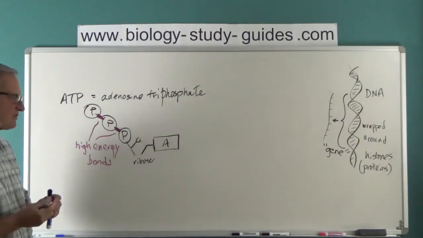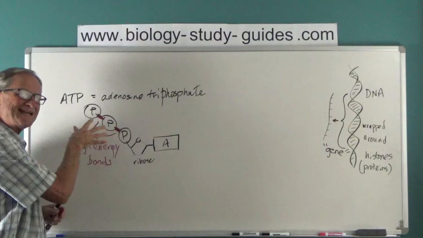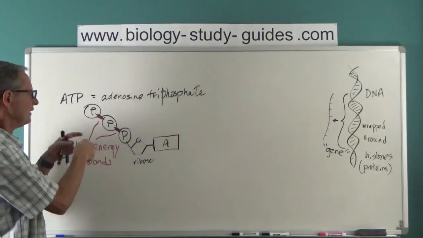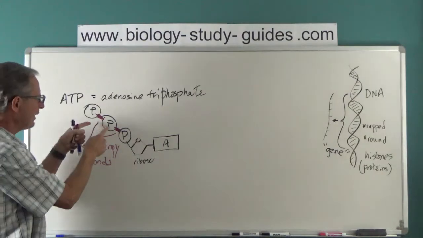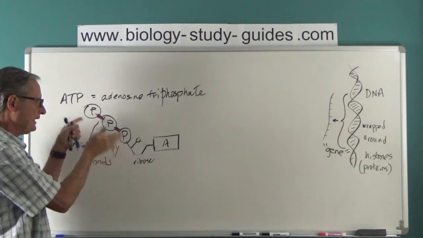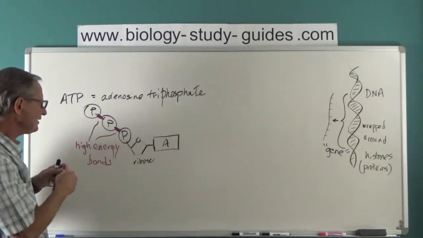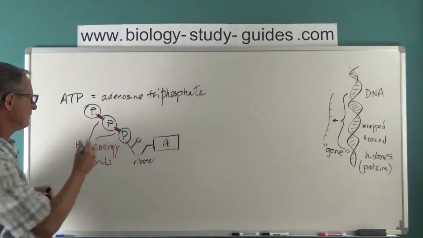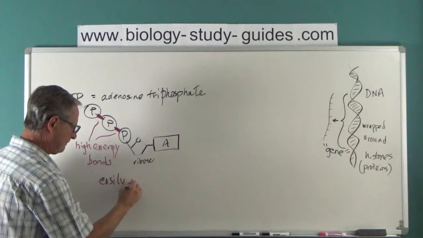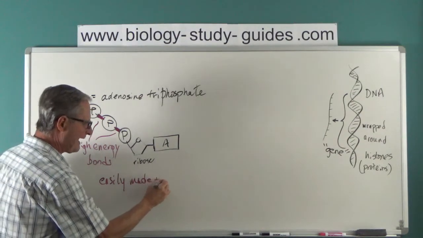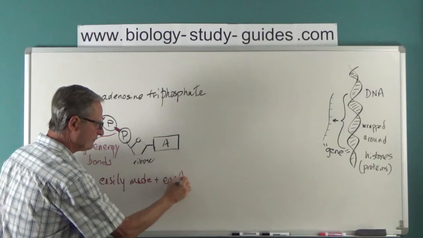The phosphate-phosphate bonds contain more energy than any other bond in this whole molecule. They contain more energy than is probably needed to hold them there. They're easily made and they're easily broken.